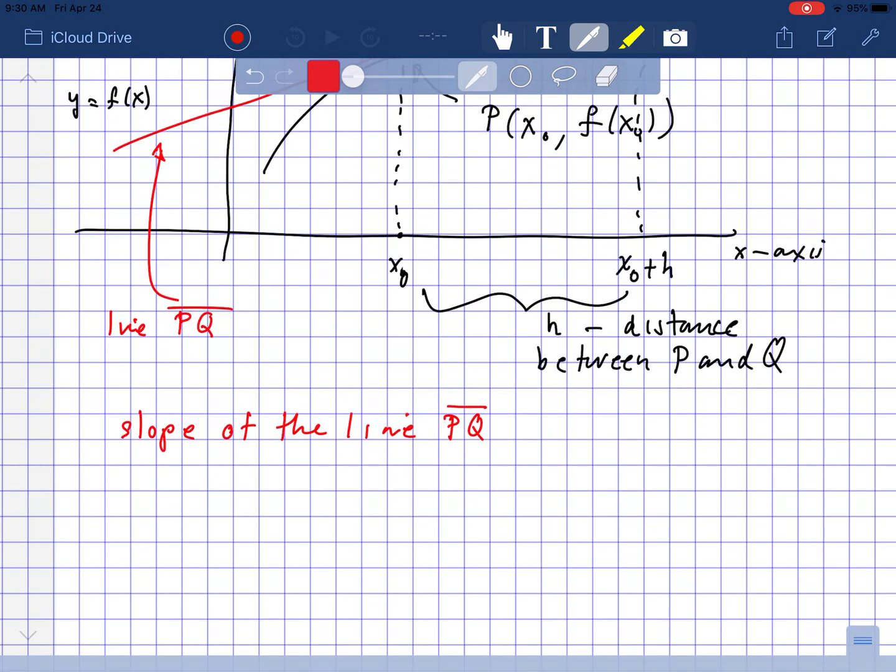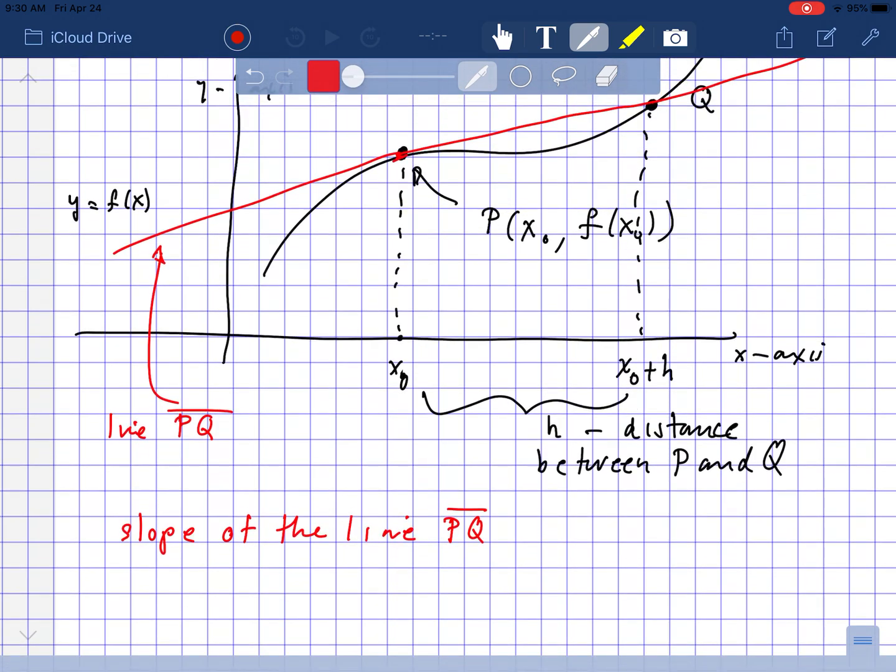Well, you'll remember that slope is equal to the rise over the run. That's how a lot of people think of it, or delta y over delta x. So let's compute this value, delta y over delta x, for this line PQ.